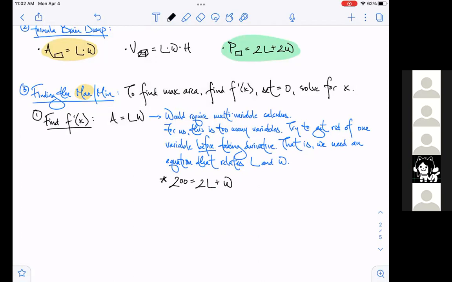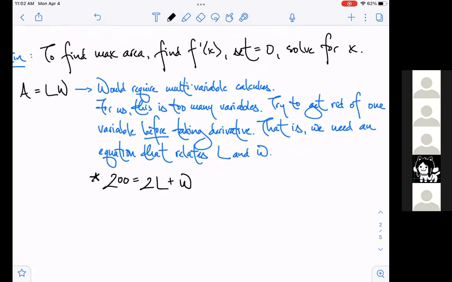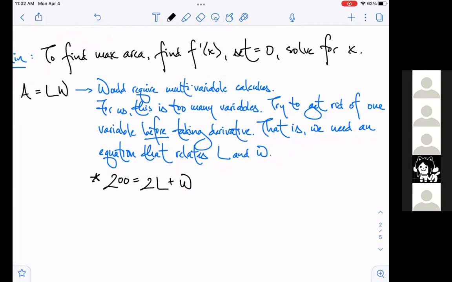Now in this equation, all right, we want to be really careful about our algebra here. Which letter is easier to get by itself, the L or the W? The W is already by itself, so you could just move it over. Great. So what does that give us? W equals 200 minus 2L. Great. Okay.